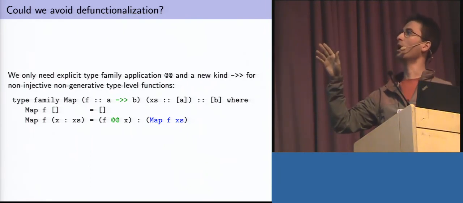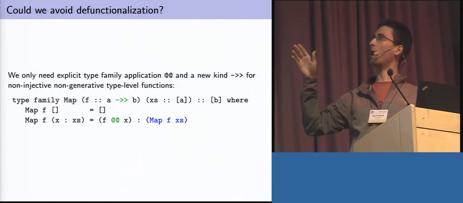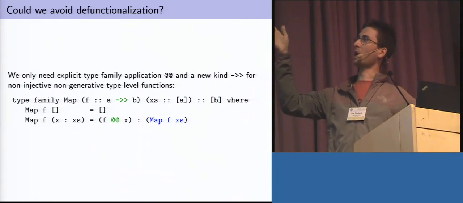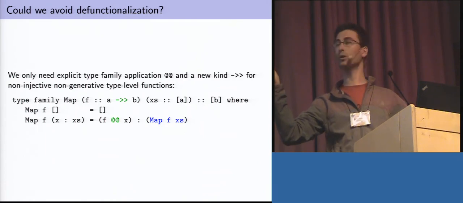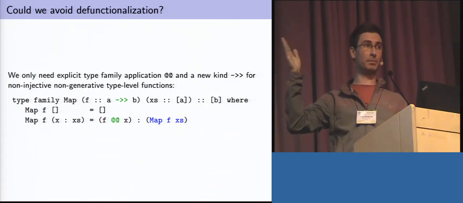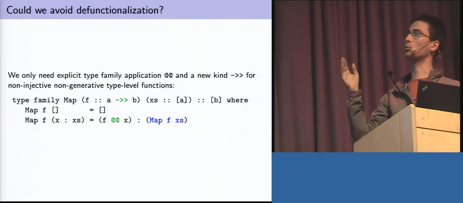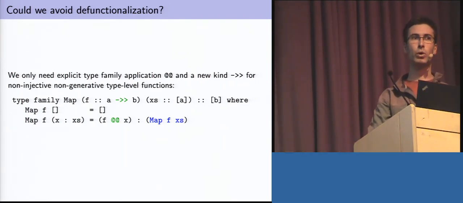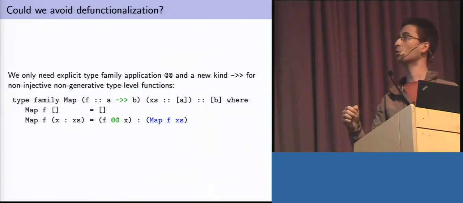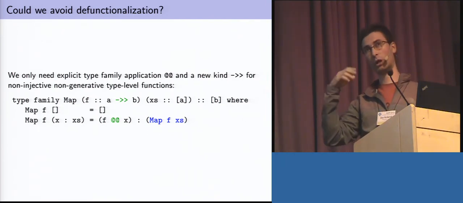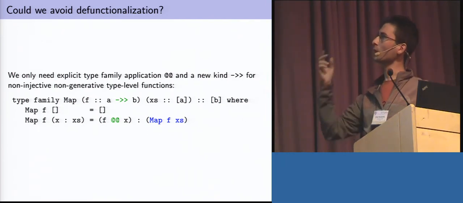So here's a hypothetical map function, and we apply f to x using this new apply operator, because f is possibly a type family. It is not injective, it is not generative, and it would be wrong for GHC to attempt to decompose this application, to try to apply, for example, injectivity.